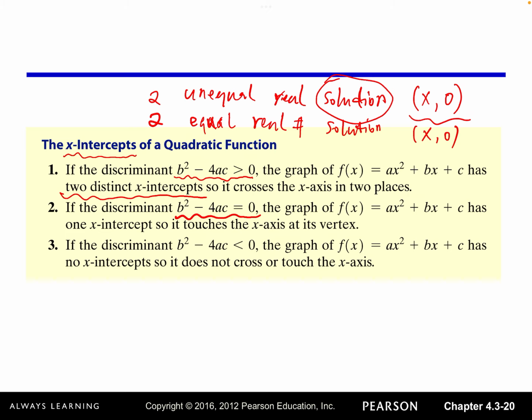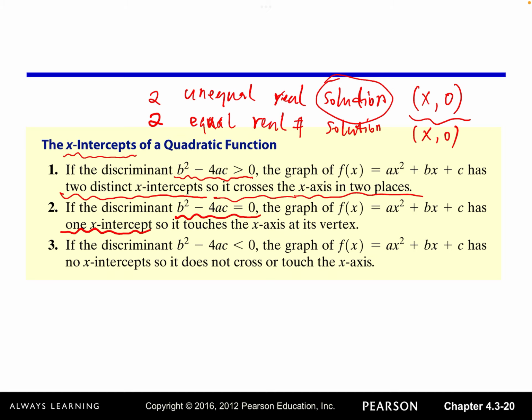So that's why we only actually see 1 point. On the graph, we see one x-intercept. It touches the x-axis at its vertex instead of crossing. Earlier, when we had two distinct x-intercepts, it crossed the x-axis in two different places.